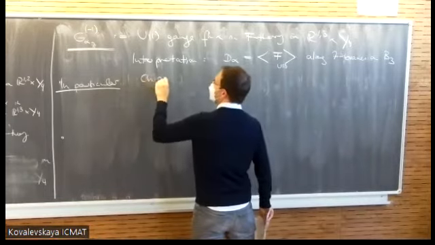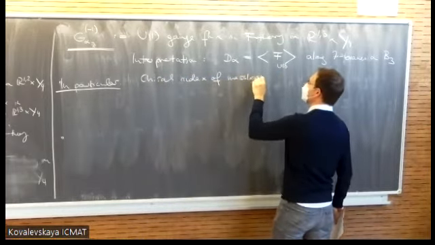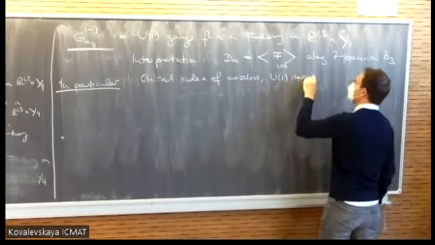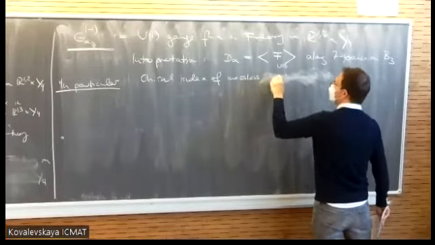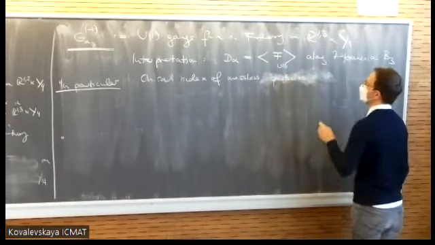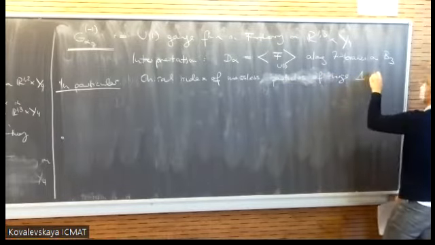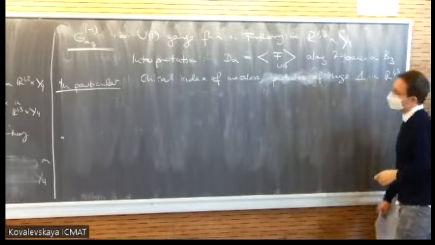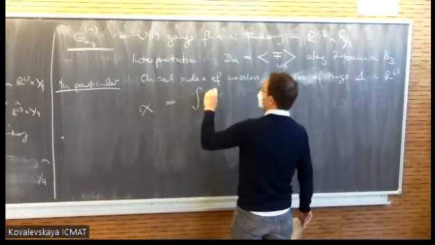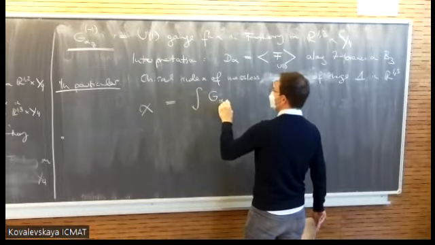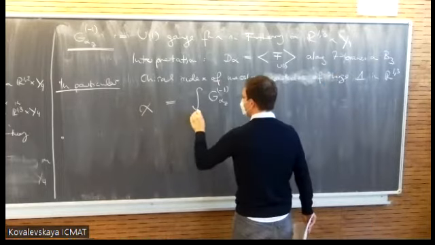Namely, the chiral index of massless U1 charged states, or massless particles, chiral multiplets of charge 1 in 4 dimensions, turns out to be given by the integral of this G alpha Z minus 1, which is to be specified, over a 4 cycle.